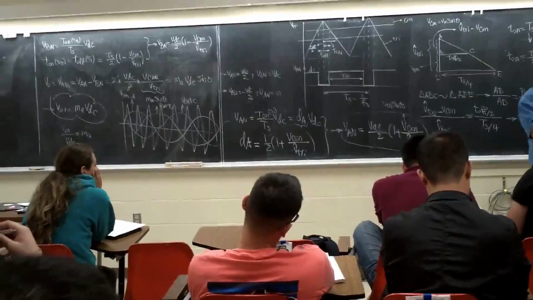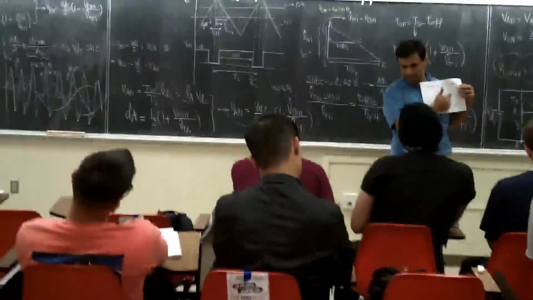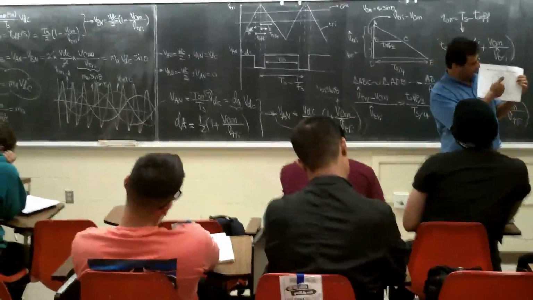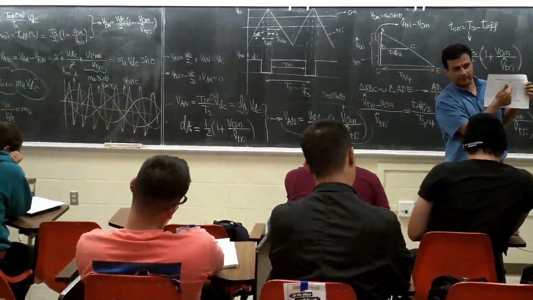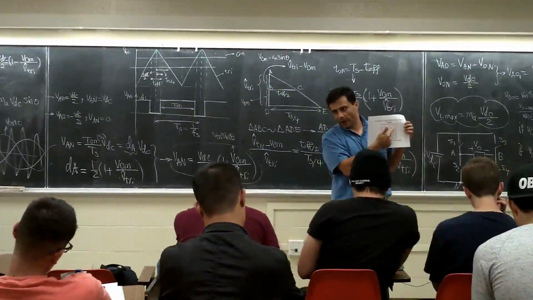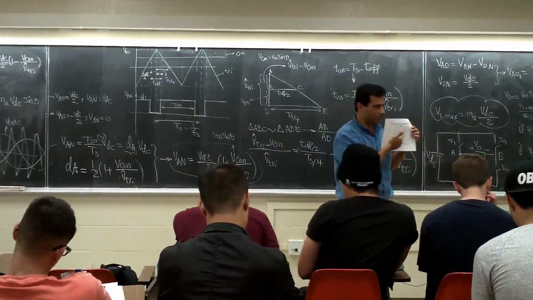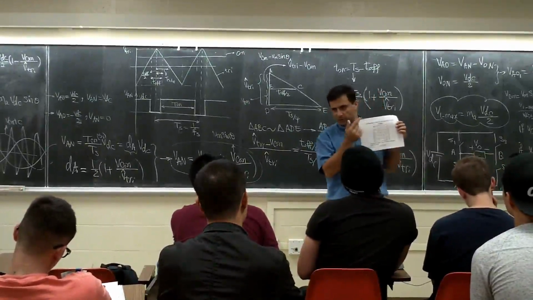So basically, how much is my first harmonic? 1, right? Let's go one back. When MA is 0.8, how much is my V1? 0.8, right? When MA is 0.2, how much is my V1? 0.2.